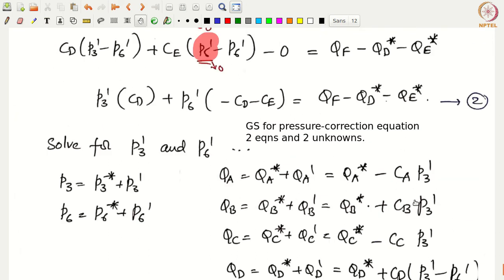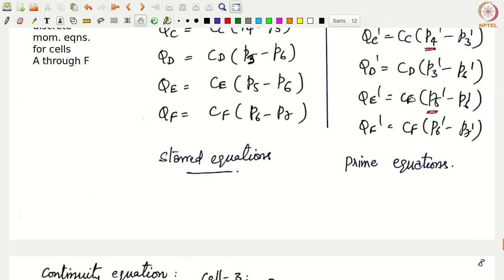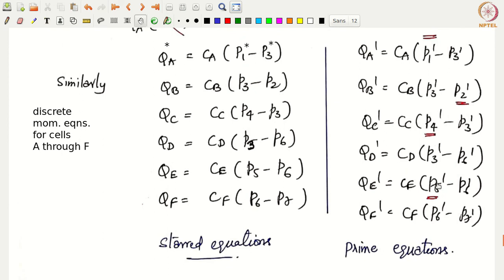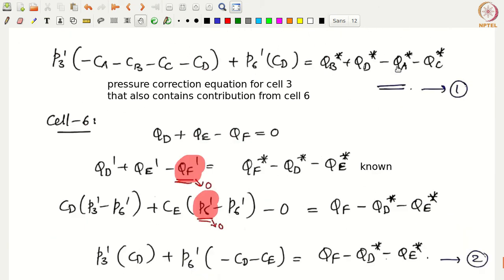These are basically the same equations we derived before. The only thing is that we have now set these quantities to 0, because those corrections are all 0, since the boundary conditions for pressure are given.